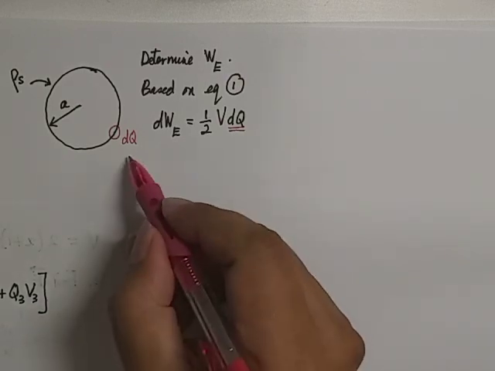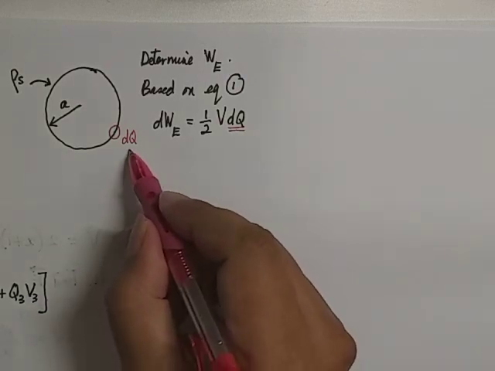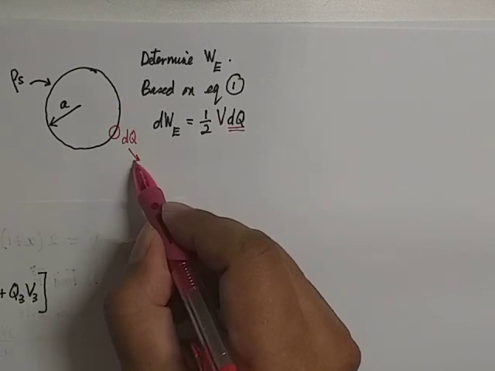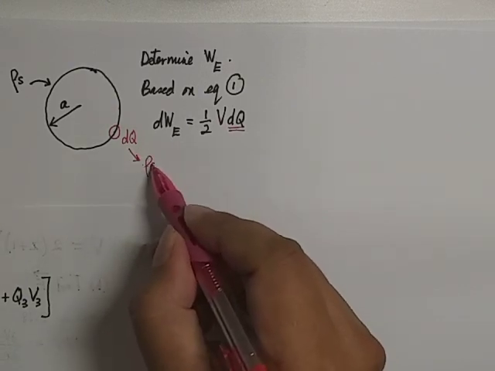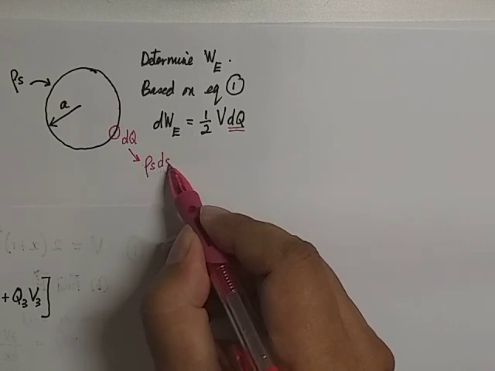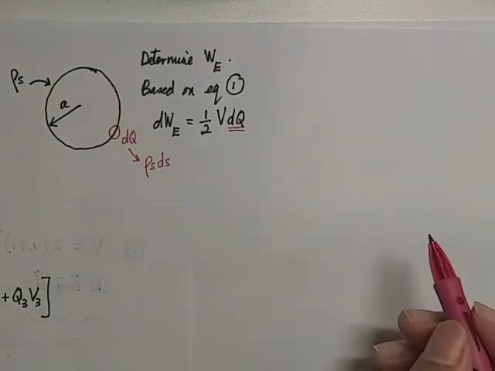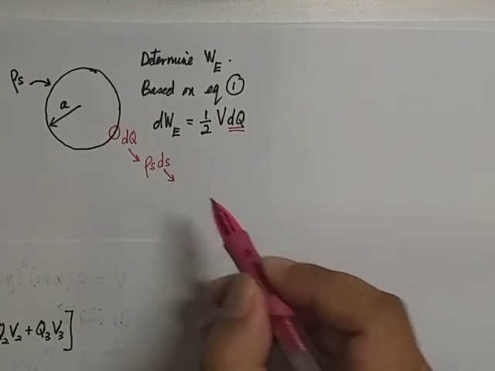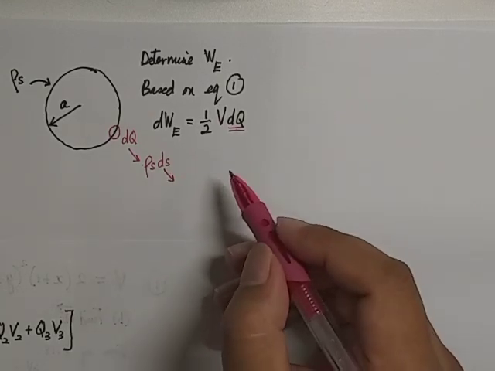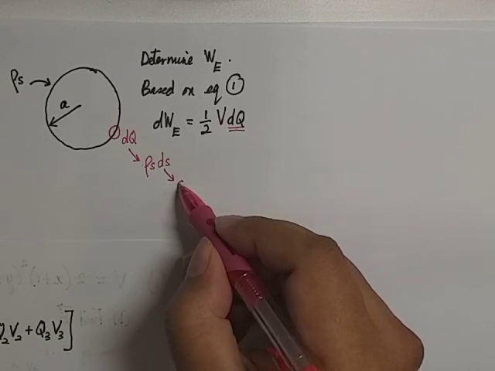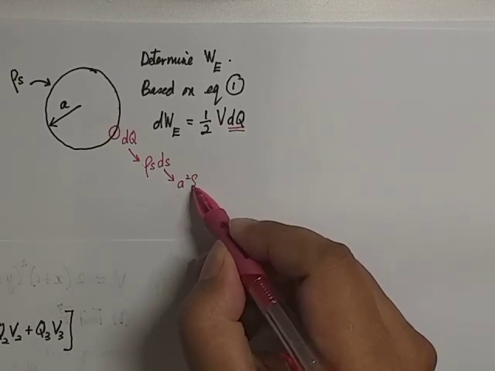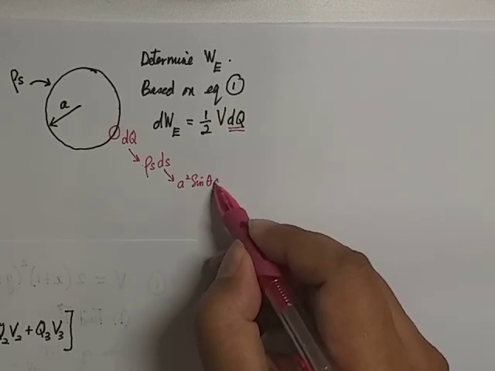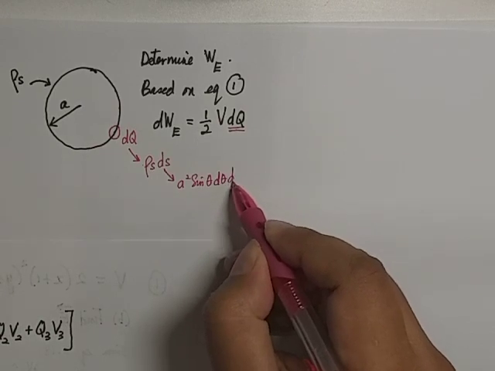And based on our experience, this should be defined as rho s ds, remember, because it is surface charge. And also based on our experience again, the ds in spherical coordinates should be equal to what? Good. A squared sine theta d theta d phi.